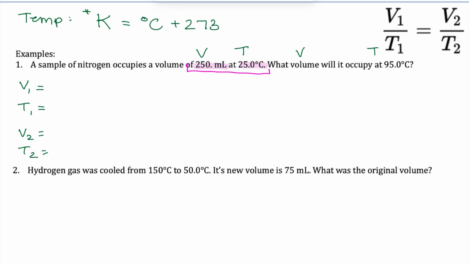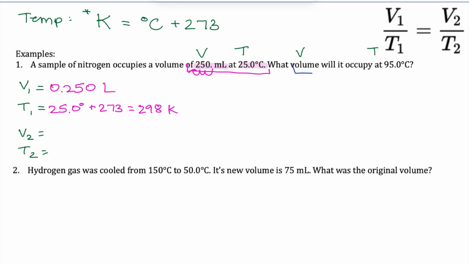So moving our decimal 1, 2, 3 to the left, 0.250 liters. I'm maintaining my 3 sig figs by putting that 0 after the 5. At 25 degrees Celsius plus 273, we get 298 Kelvin as our T1.